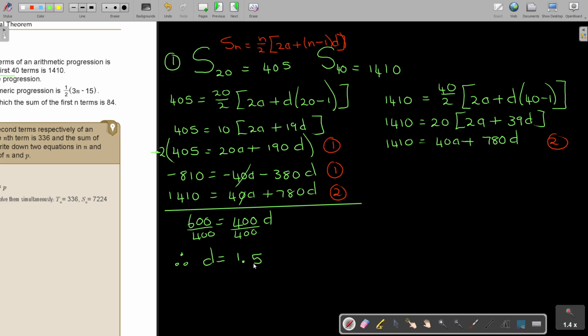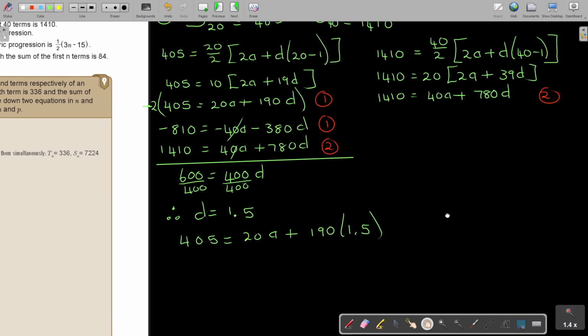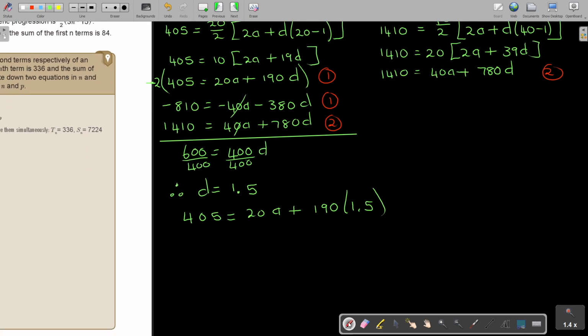But now I must still find the value of a. So take any equation. I'm going to take equation 1. So it's going to be 405 equals 20a plus 190 times 1.5. And then I'm going to add up, and it's going to be 405 equals 20a plus 285.